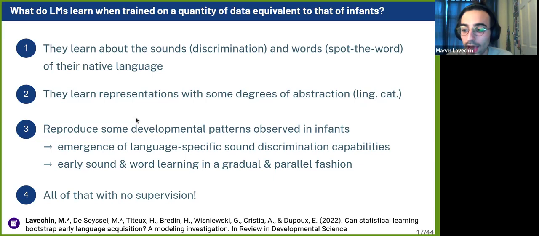It's sufficient to explain early sound and word learning, if we assume that early sound and word learning consist of discriminating sounds and recognizing the auditory form of words. I guess you have many questions, right?